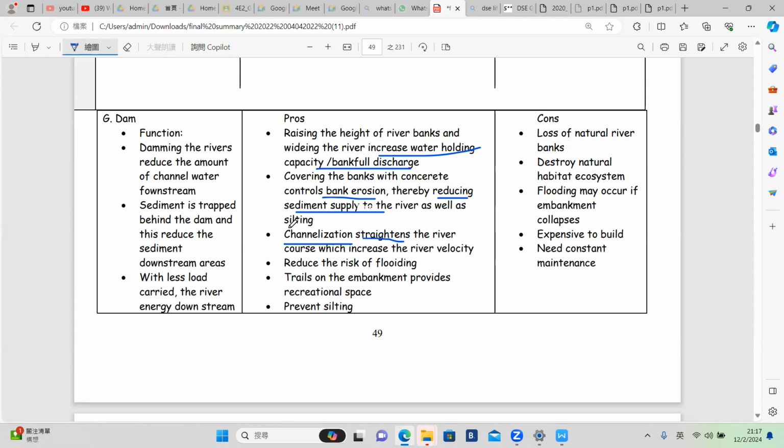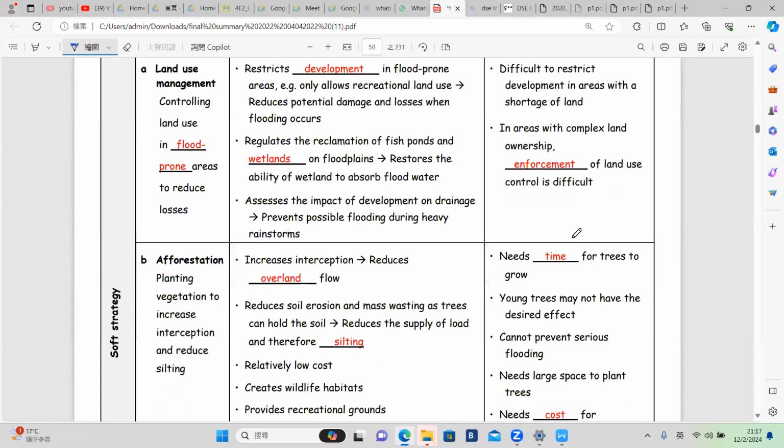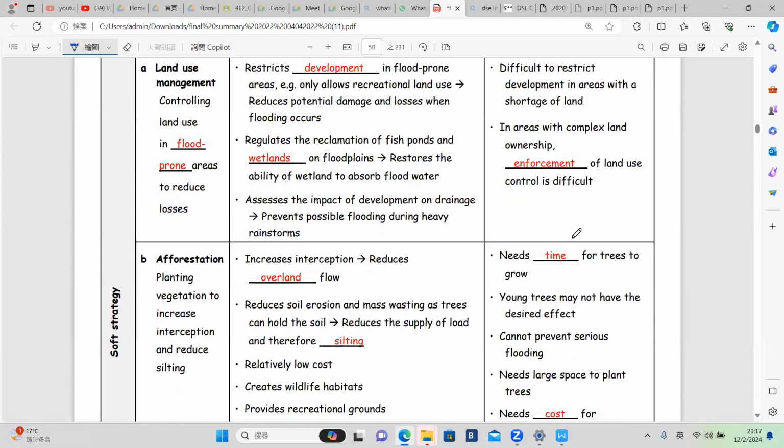You can also mention the pros of the channelization. Reduced risk of flooding, recreational space, reduce flooding. Again the cons: natural river bank and natural habitat lost, flooding may occur if the embankment collapses, expensive to build, constant maintenance. Writing after all it's always these points.